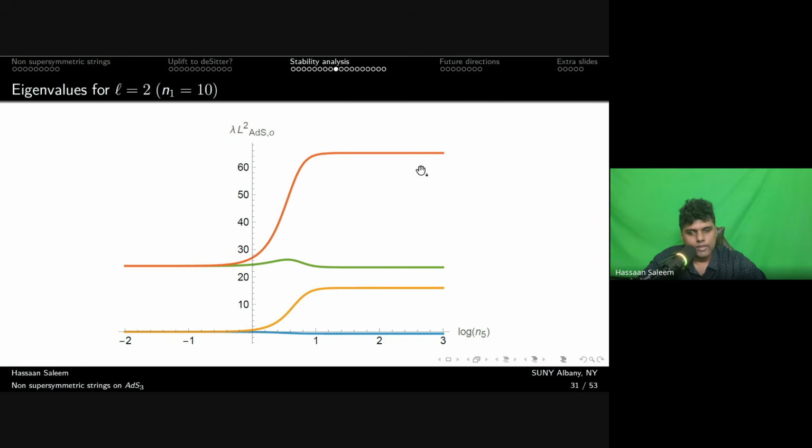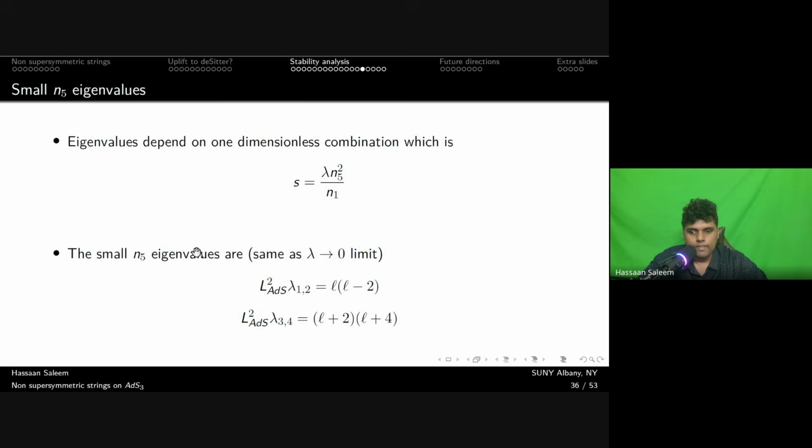One thing is that you see that these eigenvalues saturate at a particular value for large N5 and a particular value for small N5. So can we predict these saturation values analytically? Well, the answer is yes, we can do that. So let me come here. One thing that I need to mention is that, as I mentioned in the very start of the talk, the eigenvalues depend on only one thing.